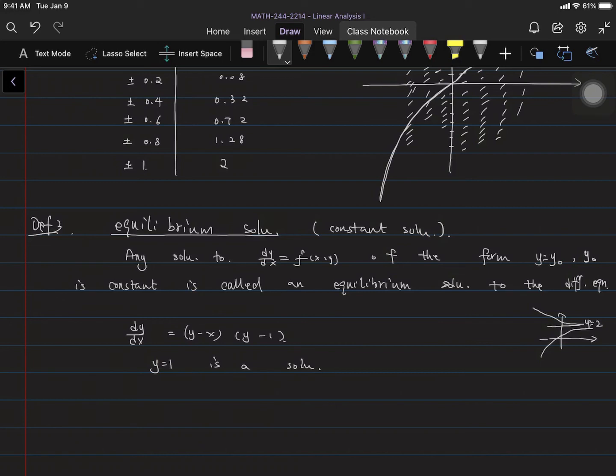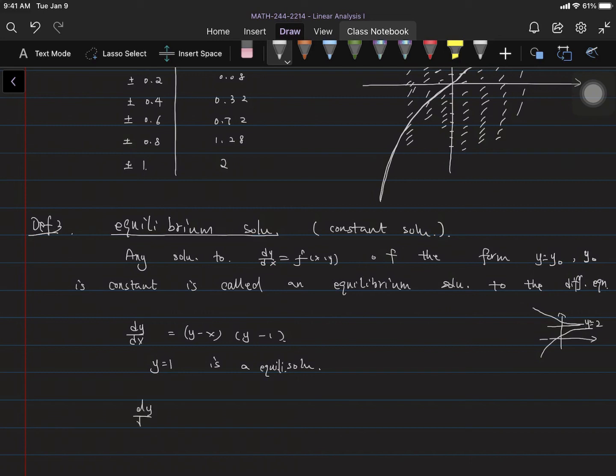You just make the right side equal 0 and solve for y. If y is a constant, y equals 1, this is an equilibrium solution.